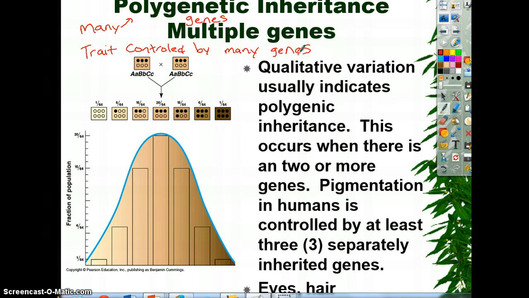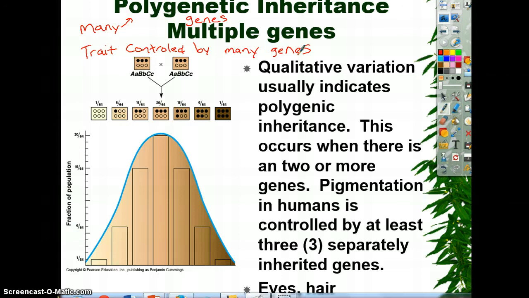Polygenetic trait, a trait controlled by many genes, as it's showing you here. You have an A gene, a B gene, and a C gene, and how they come together gives you the many options. So not only can you have many genes involved, you can also have multiple alleles.